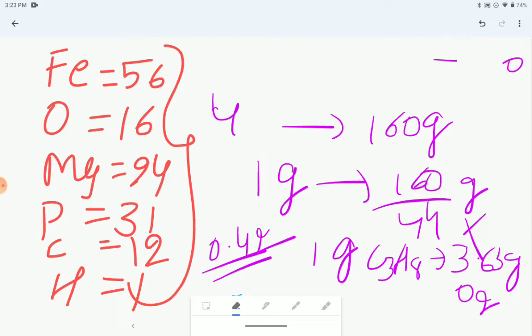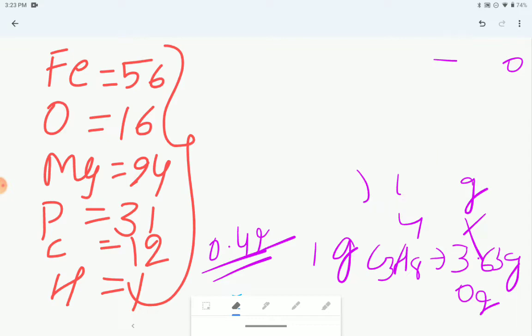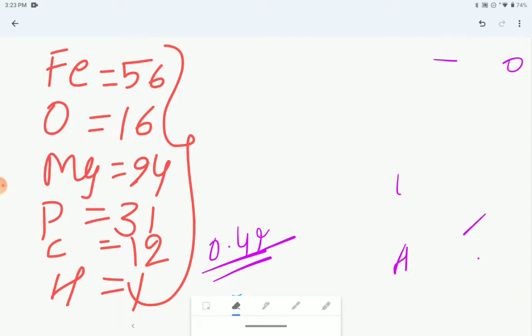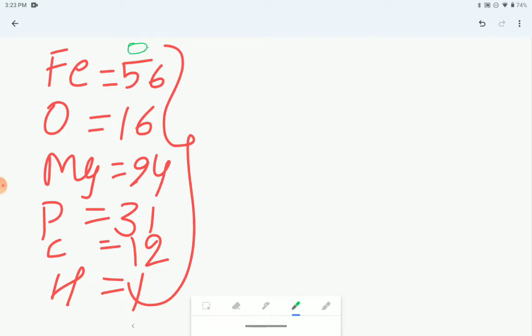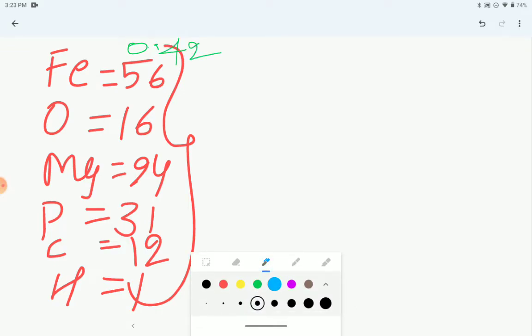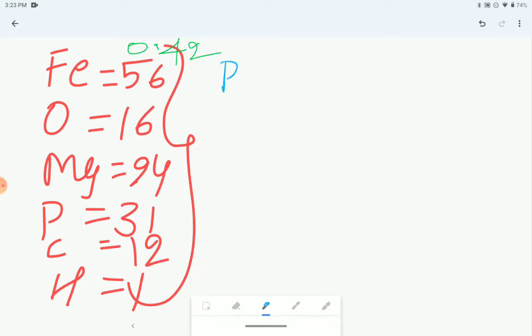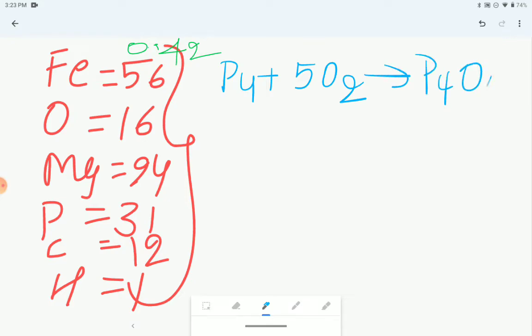Next equation. Let's write 0.42 here, which is least until now, and let's go to the next equation. The next equation comes out to be P4 plus 5O2 gives rise to P4O10.